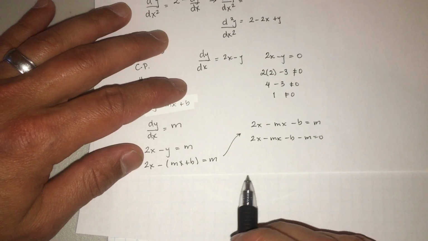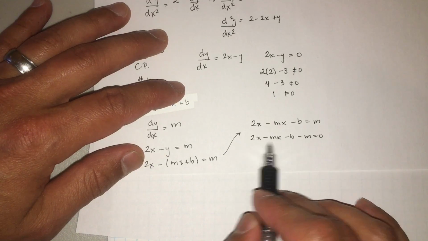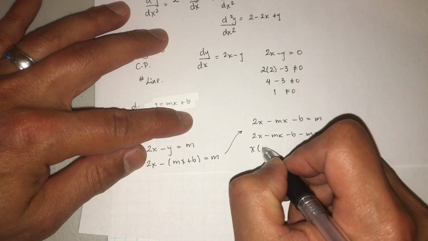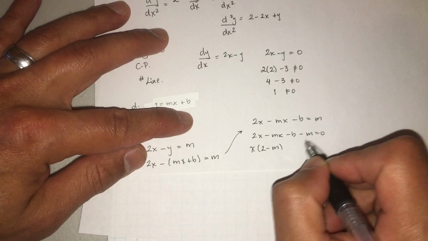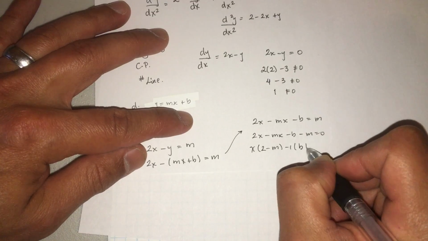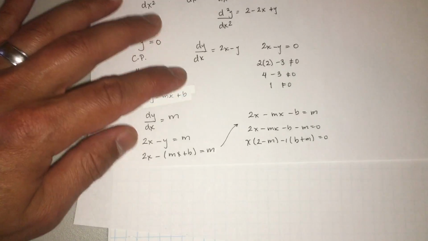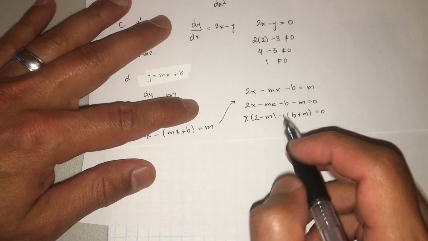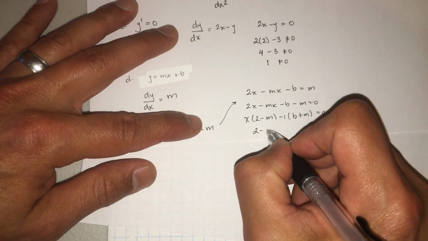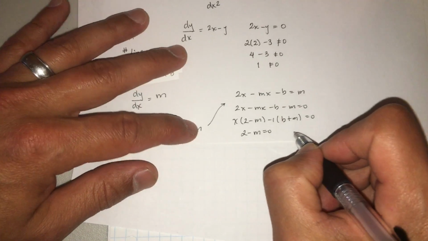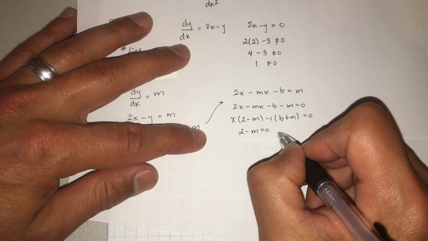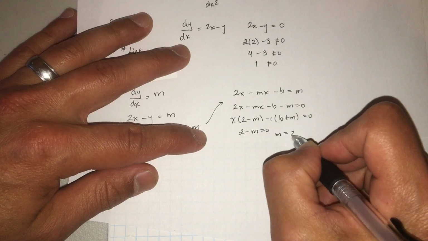Well, how do I solve this? What can I factor out? I can factor out an x, so that gives me (2 minus m). Factor out negative 1, so that gives me (b plus m). Then from here, 2 minus m, I can set that equal to 0, and that means m is equal to 2.